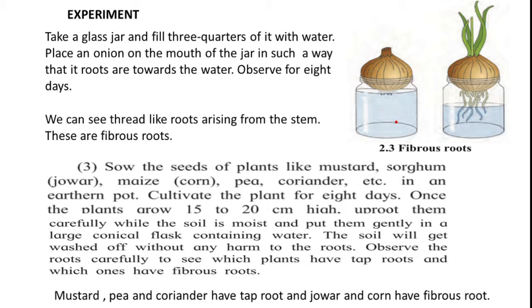Observe after 8 days. This is the first day and this picture is after 8 days. What can we observe? You can see thread-like roots arising from the stem. These are called fibrous roots.